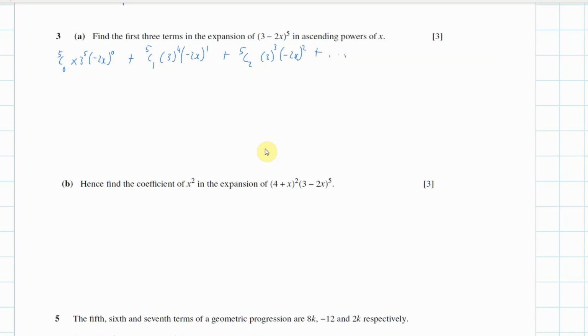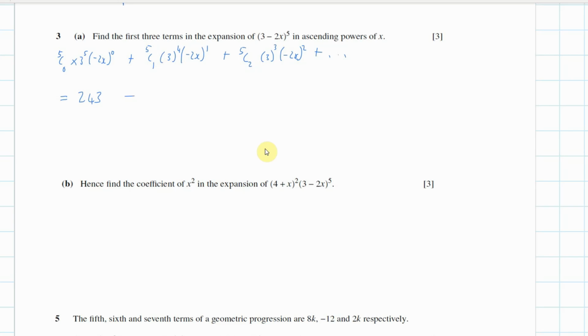So 3 to the power of 5 is 243. Then 5. 3 to the power of 4 is 3, 9, 27, 81. And then we're going to times that by 5. And then we're going to times it by negative 2.